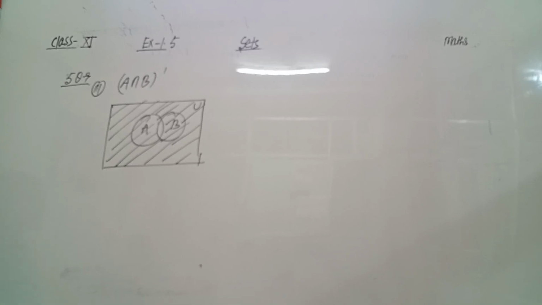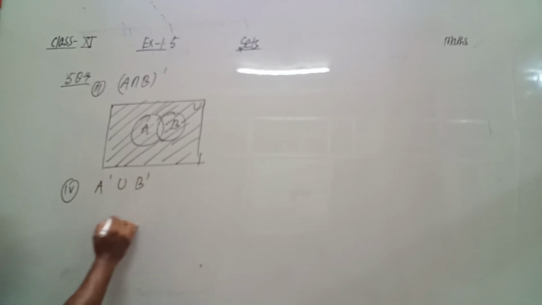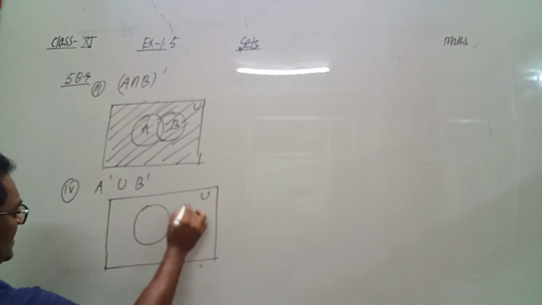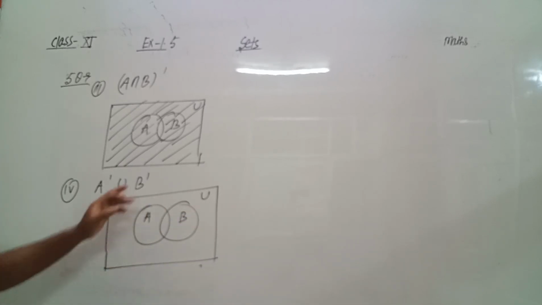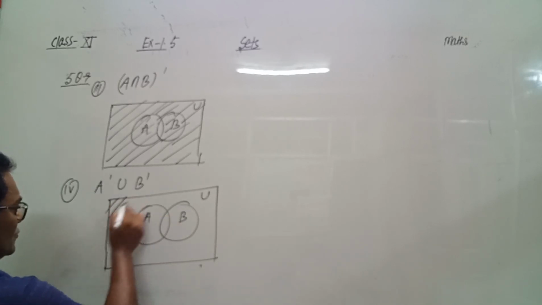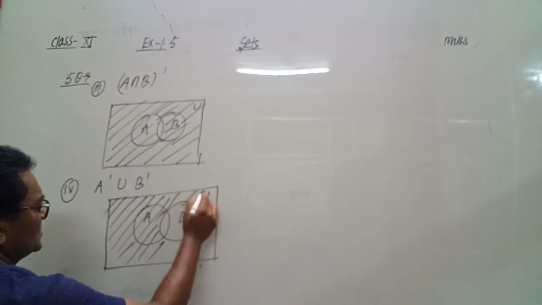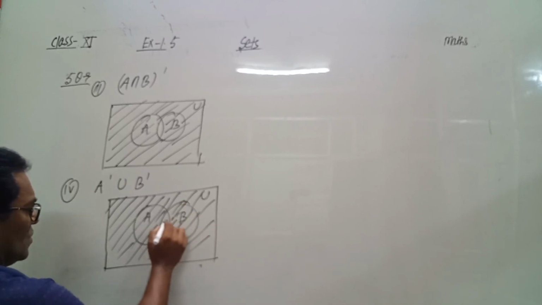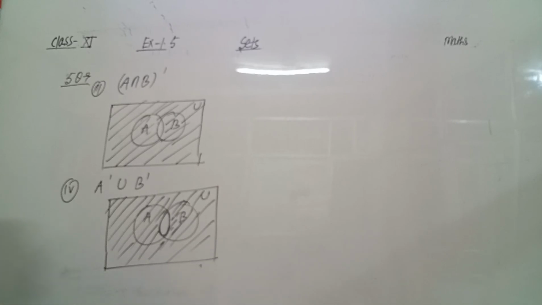Then A dash union B dash. Universal set, A, B. A dash means U minus A and B dash means U minus B, and the union of both. So leaving out this portion, the rest of the shaded portion gives us A dash union B dash. Only this portion will remain out.